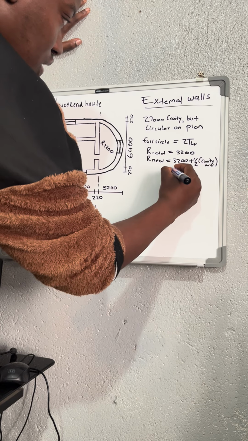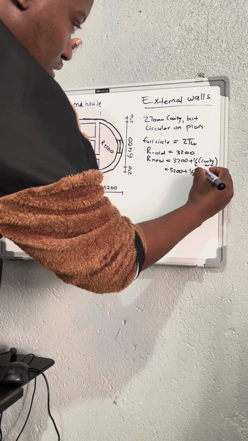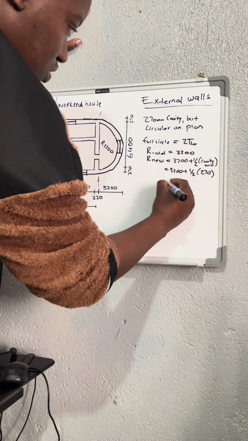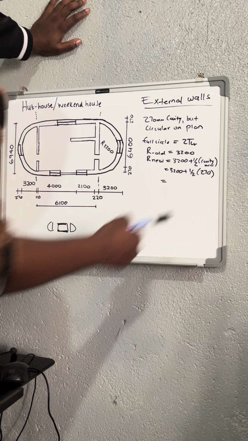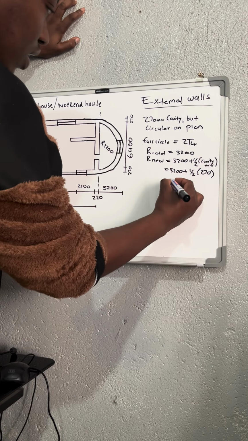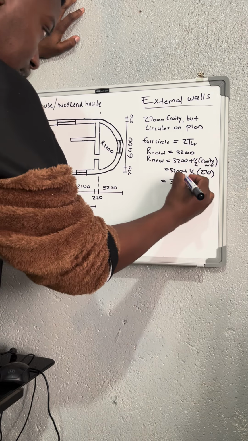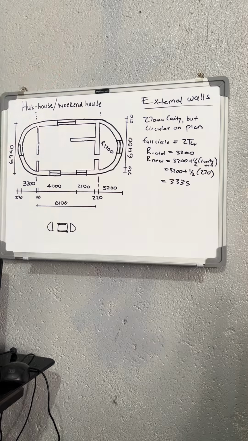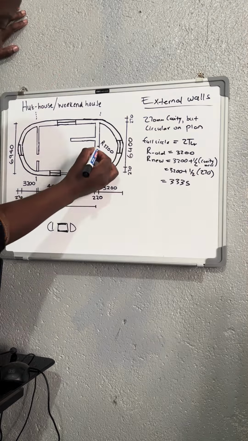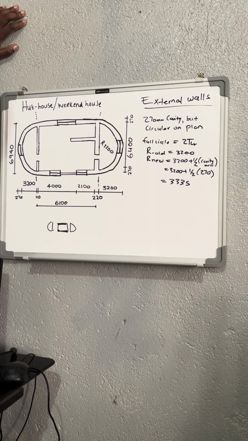So it means now we have this 3200 plus half of 270. You see? So this will give you your 135. So your total now is going to be 3335. This is your new radius, basically from here to somewhere here in the middle of the block.